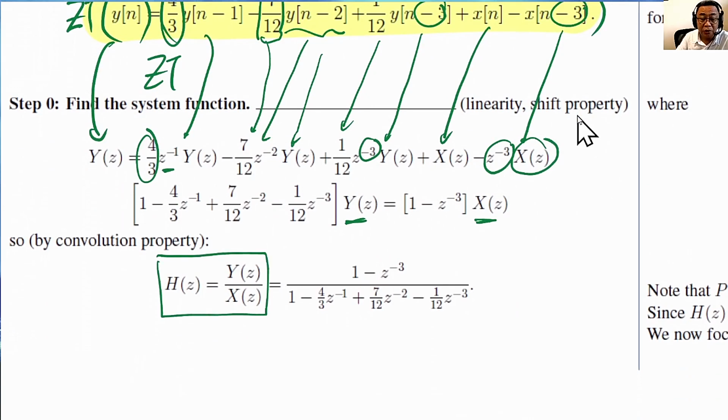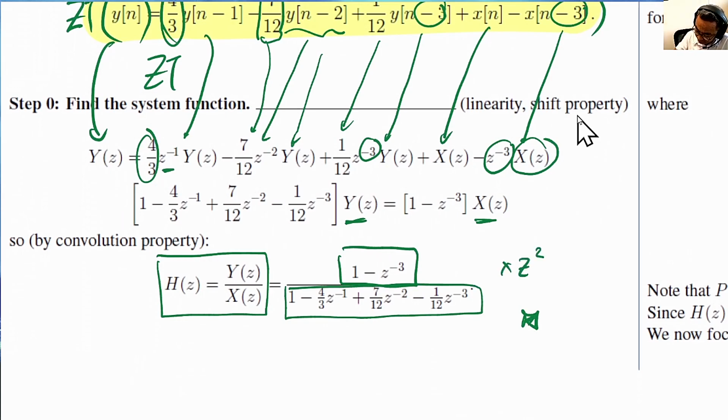Remember that the definition of transfer function is Y(z) over X(z). So we just collect the polynomials for the numerator as well as the denominator, and this is the transfer function in the negative power of z. If we want it to be positive powers, we simply multiply by the highest power of the numerator or the denominator. In this case, they're equal.